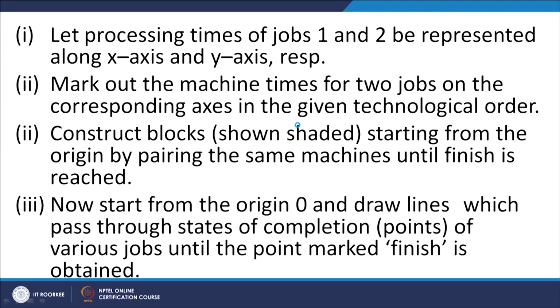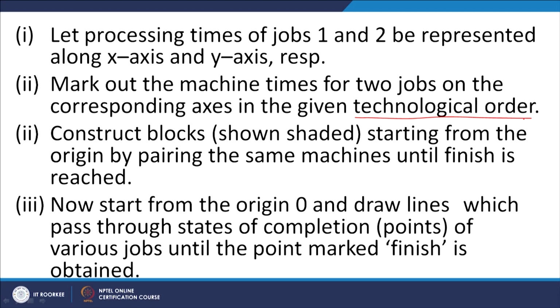Second step says, mark out the machine times for the two jobs on the corresponding axis in the given technological order. Now, remember that the technological order for job 1 is different and the technological order for the job 2 is different.